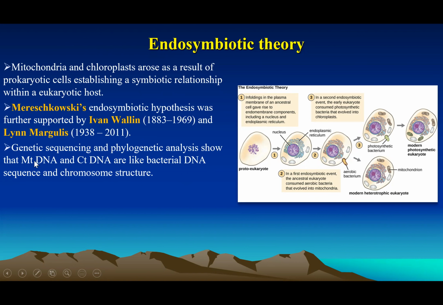When they sequenced it, even though it's an organelle in a cell, it has its own DNA, and it looks very similar to bacterial DNA. They saw that it was very similar, both in DNA sequence and chromosome structure, like a plasmid, a circular DNA. The mitochondrial and bacterial ribosomes are also very similar.